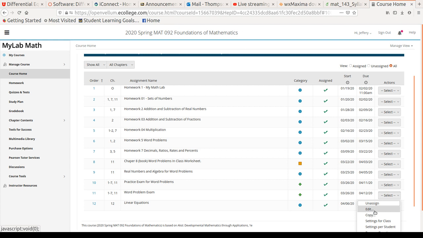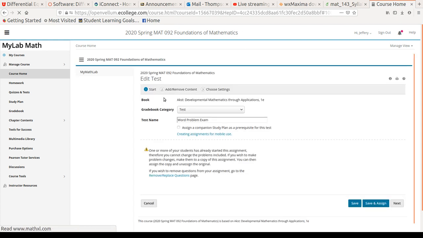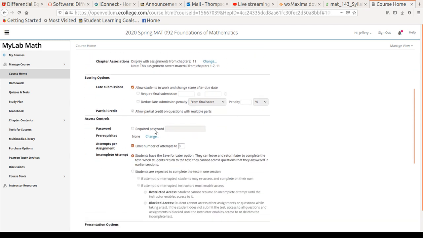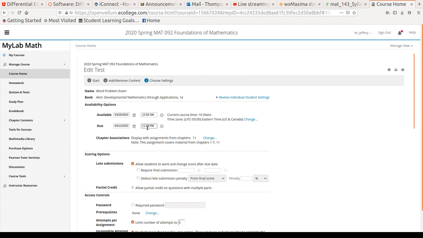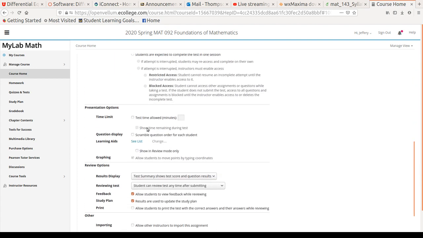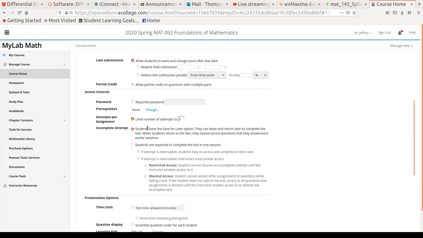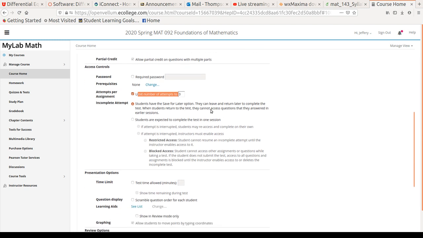If I look at the settings for it, is this the actual exam? Yep. You have 3 attempts on it, and you have a save later option. You can leave and return to complete the test. I cannot change this: you cannot access the questions you answered in earlier sessions.